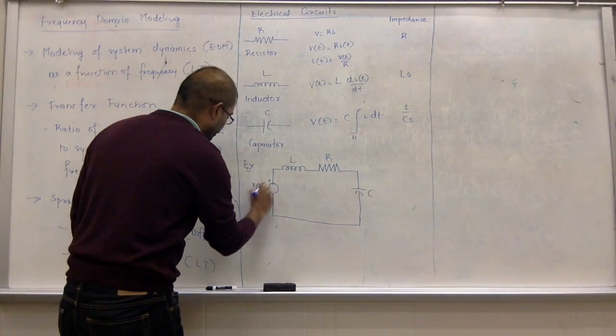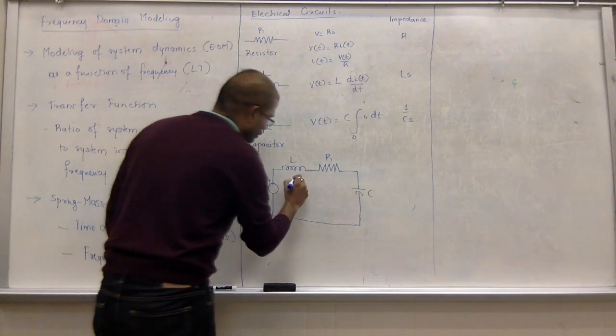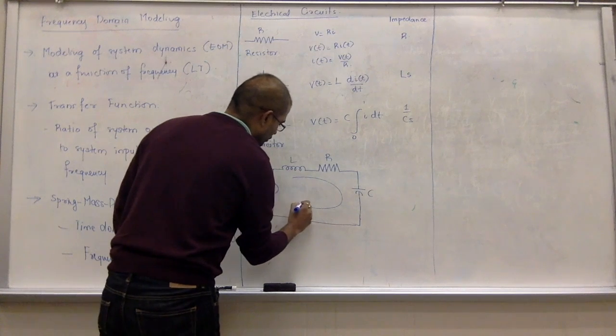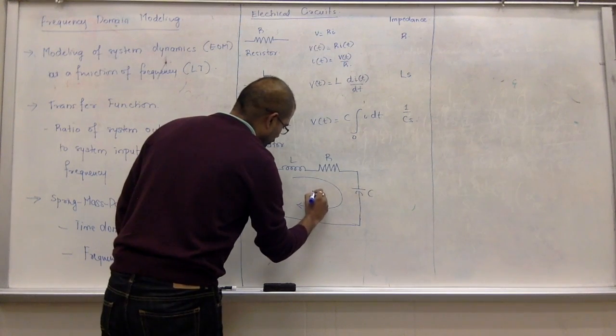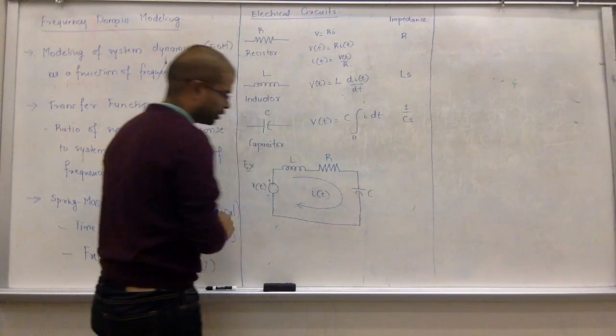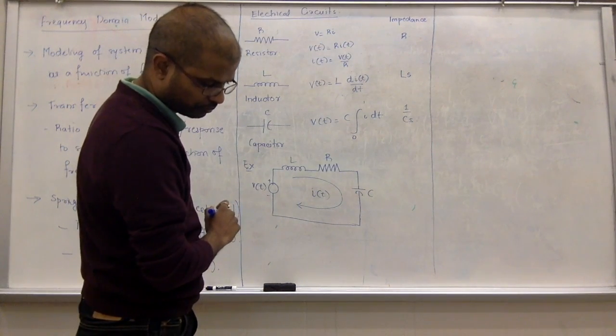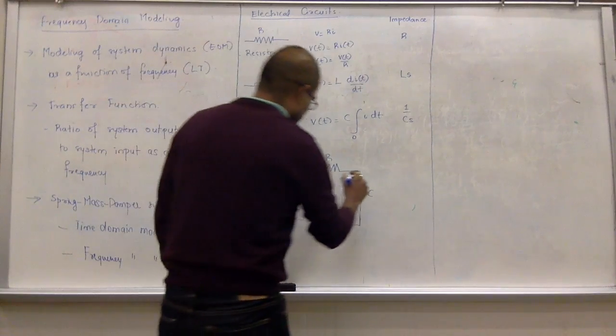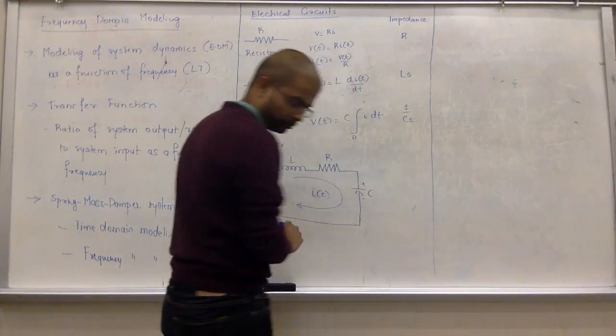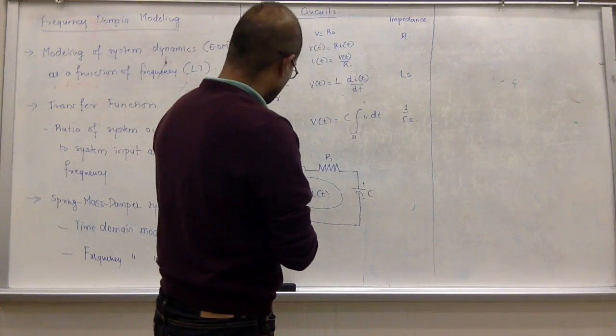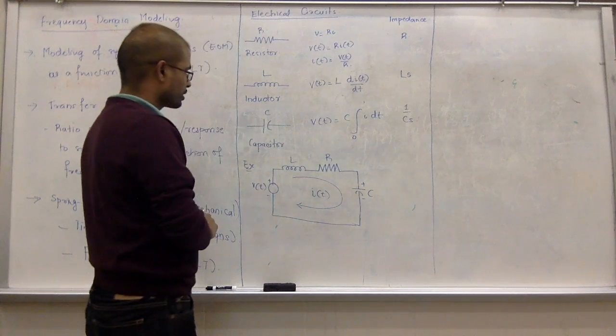This is v of t. And the current flowing through this would be, okay, just like what we did.